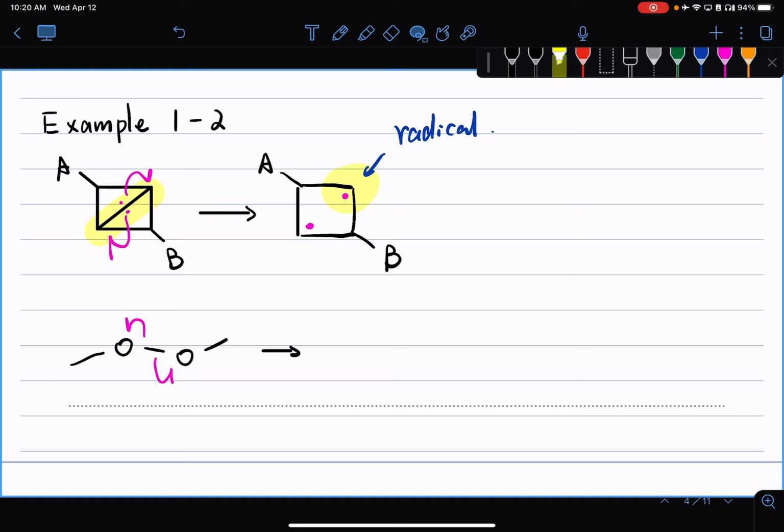Can you predict what the product is? In this case, you read the arrow and derive where the electron is flowing and what your product is, which is my oxygen-centered radical. But we need two of them just to balance it up. All right? Yes?